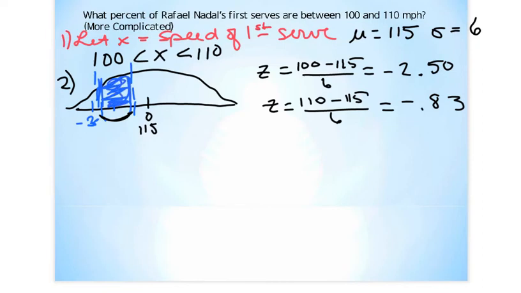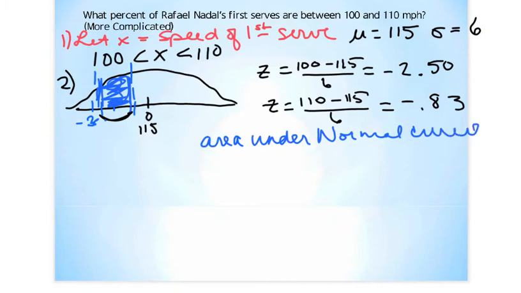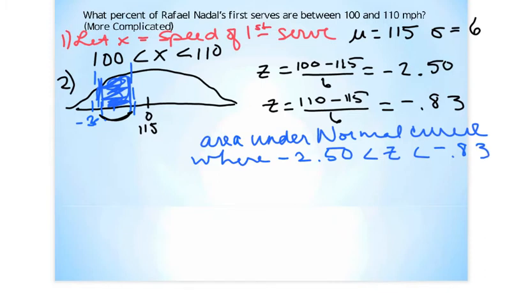So now I know I want the area under the normal curve where negative 2.50 is less than Z is less than negative 0.83. Same thing that I wrote here, except I've standardized it. Okay, step 3, we're going to use the chart.